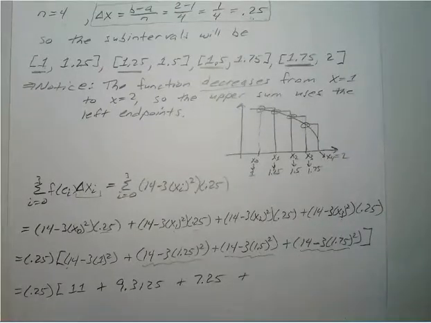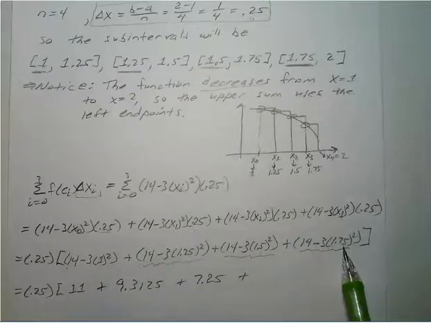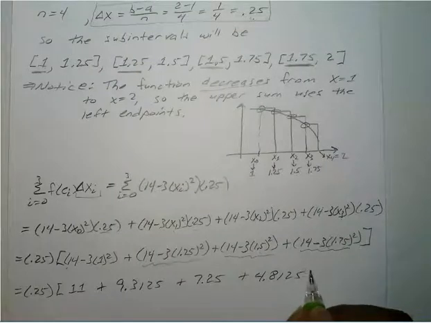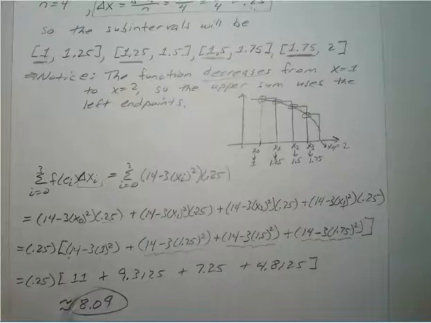Plus, now we do this last term, 14 minus 3 times 1.75 squared is 4.8125. Okay, so if we add all these together and multiply by 0.25, we end up with approximately 8.09 as our upper sum.